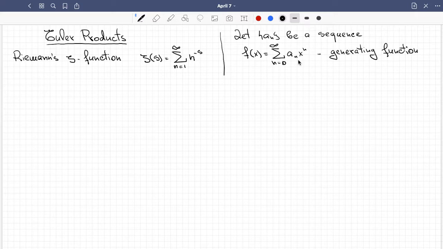One may also construct a generating function from a sequence in a different way.